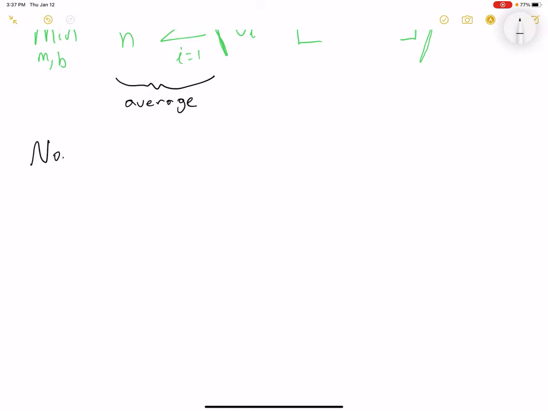So let's look at nonlinear regression, where we don't assume that it's a linear model.